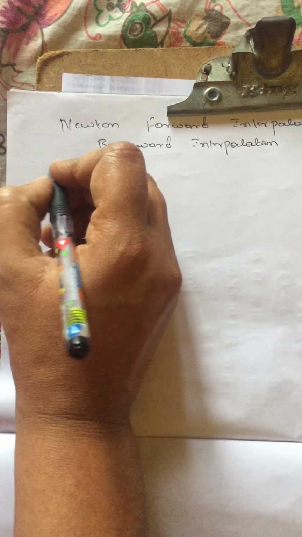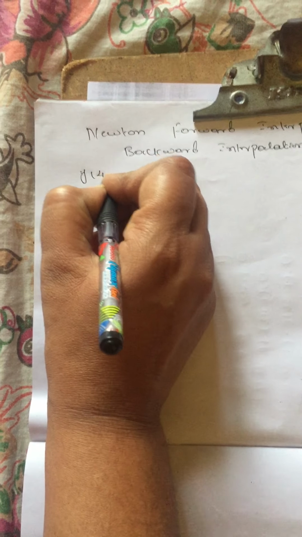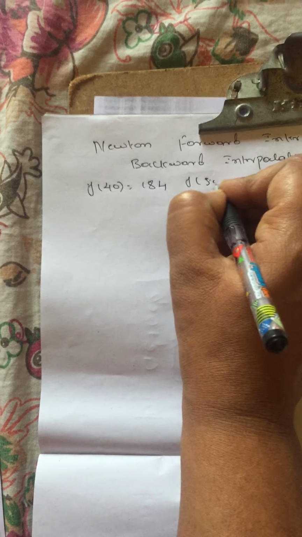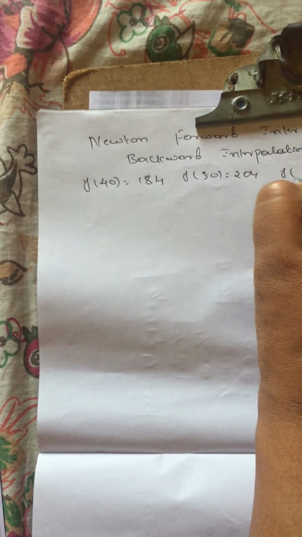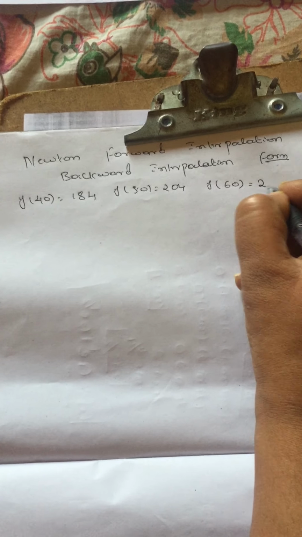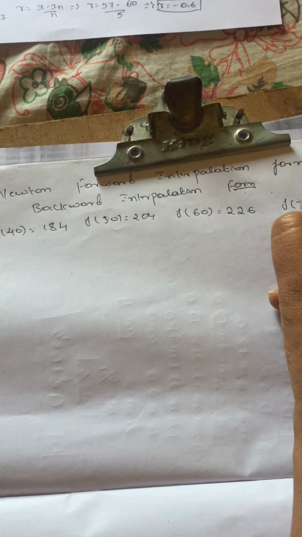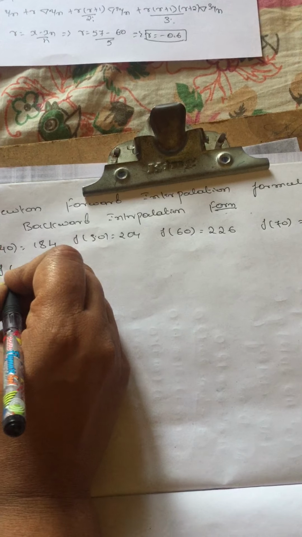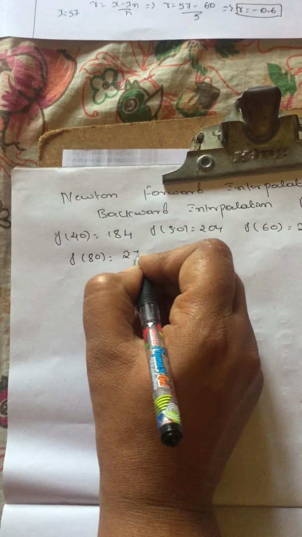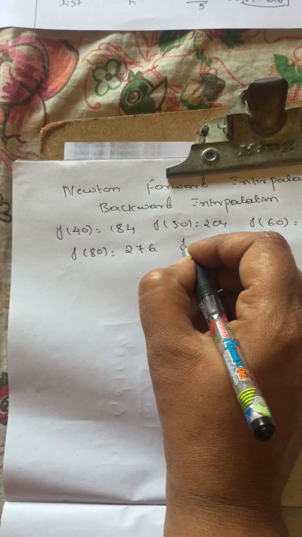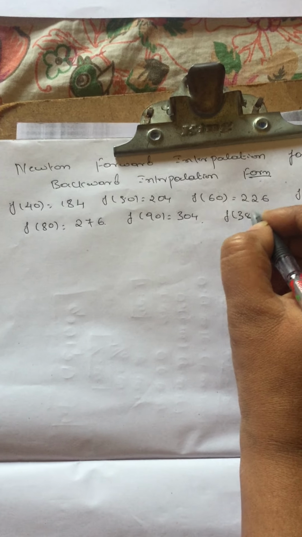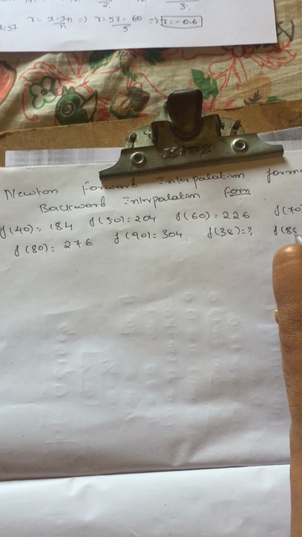You are given f of 40 is equal to 184, f of 50 is equal to 204, f of 60 is equal to 226, f of 70 is equal to 250, f of 80 is equal to 276 and f of 90 is equal to 304. Using the given values, we have to find f of 38 and f of 85.